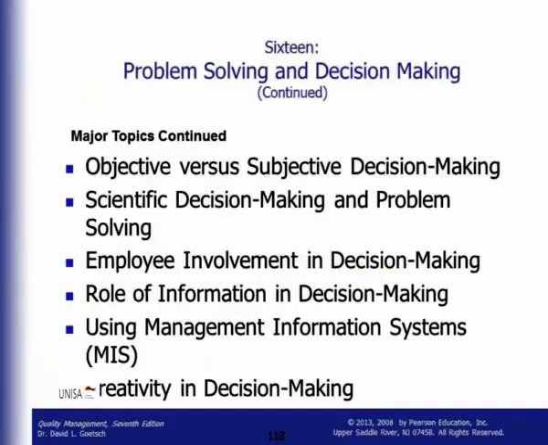Some of the other aspects in this chapter are objective versus subjective decision making, scientific decision making and problem solving, employee involvement in decision making, the role of information in decision making, using management information systems, and creativity in decision making.